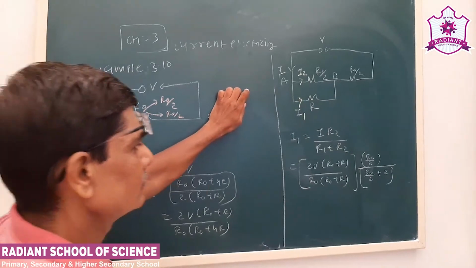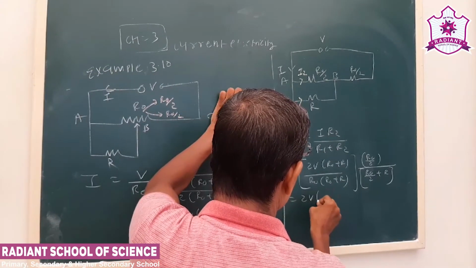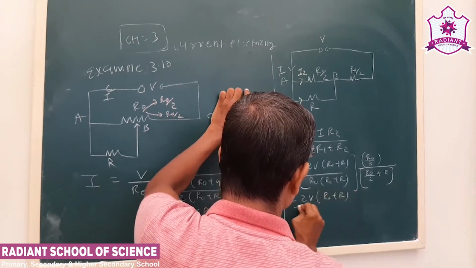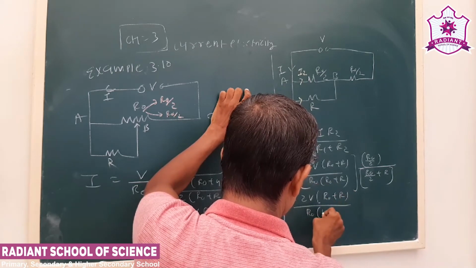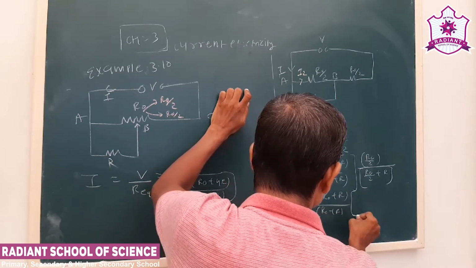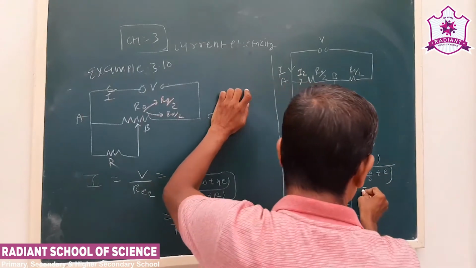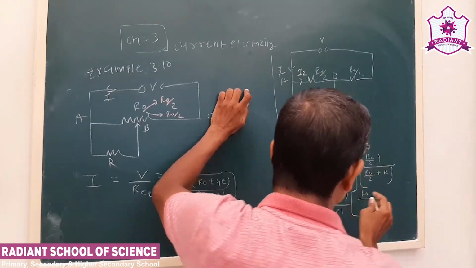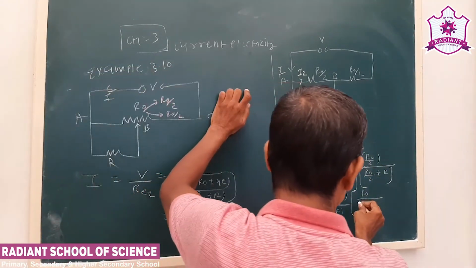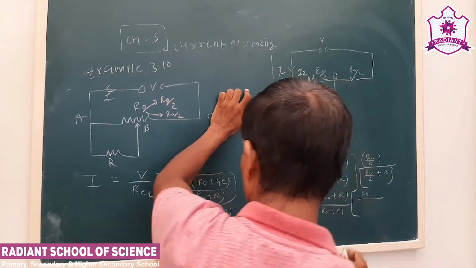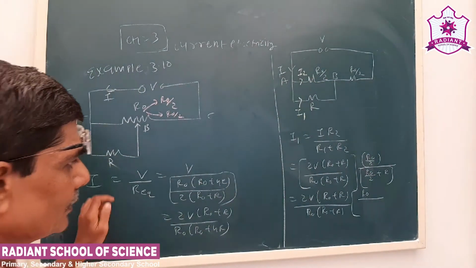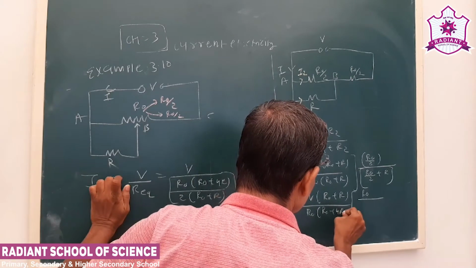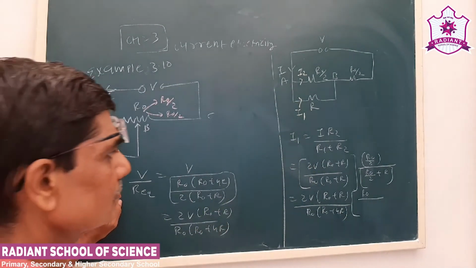Now this will be 2V R0 plus R. If I simplify, these two will get cancelled. Here it will be 4R, sorry, R0 plus 4R.